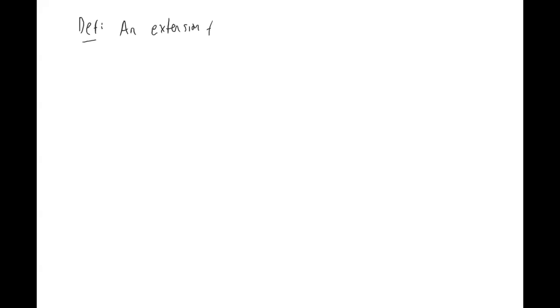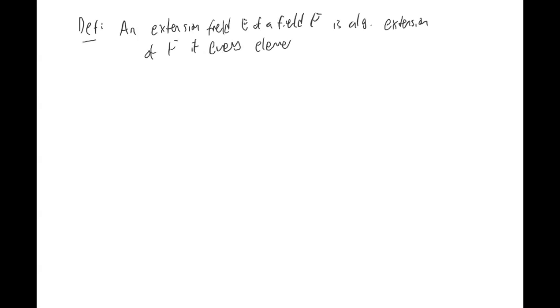So an extension field E of a field F is an algebraic extension of F if every element in E is algebraic over F. So there's no transcendentals here.